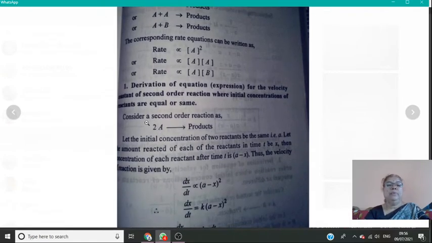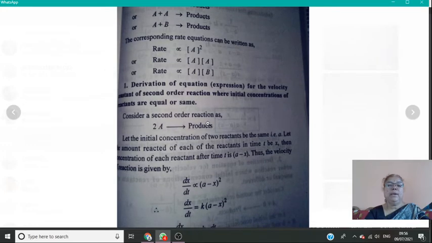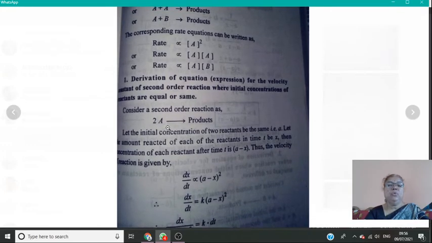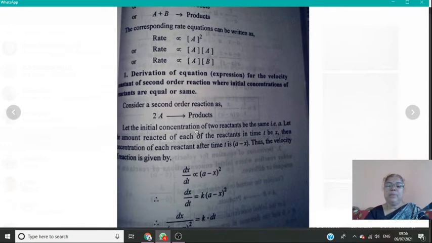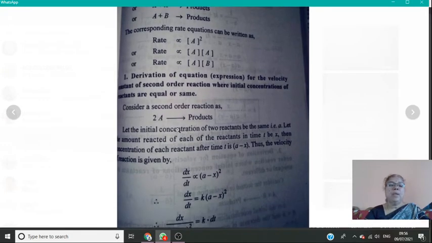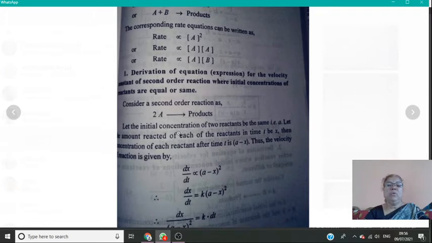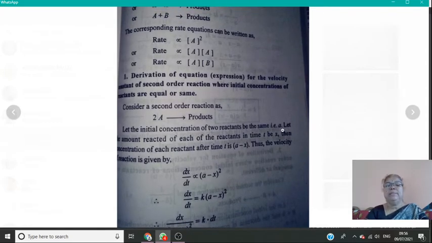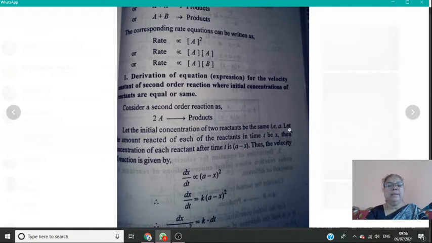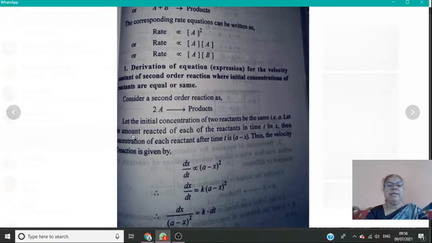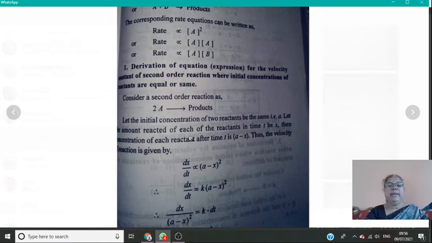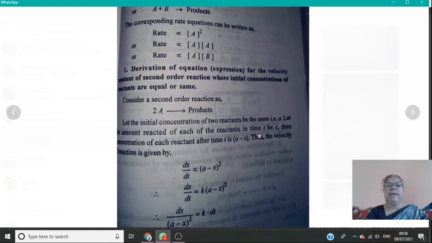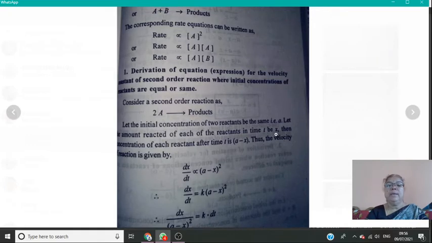So we consider here a second order reaction as 2A gives a product. Let the initial concentration of the two reactants be the same, and we consider small a as the initial concentration of the reactant, and the amount that reacted of each reactant in time t be x.